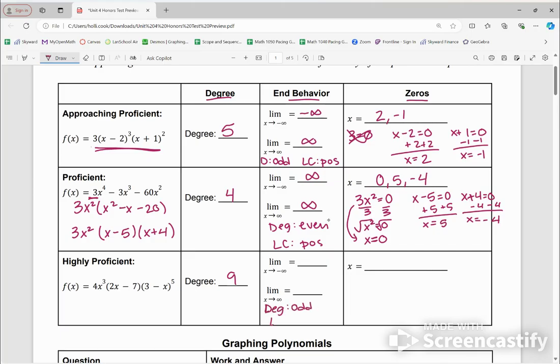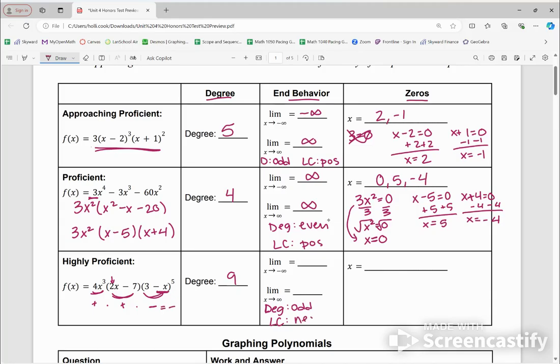And then our leading coefficient, we need to see if it's positive or negative. So first chunk, we have a positive. Second chunk, we have a positive. The third chunk, we have a negative x, so that leading coefficient is negative. So when we multiply a positive times a negative, we get a negative.